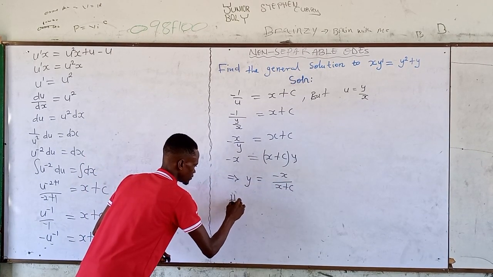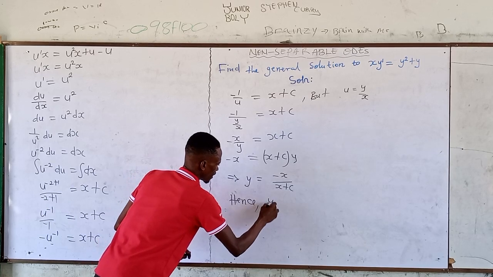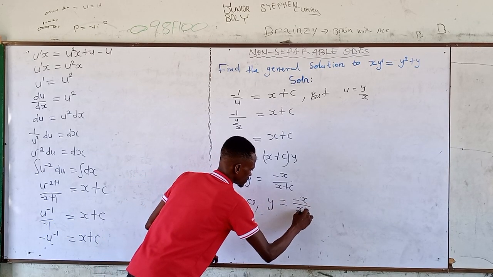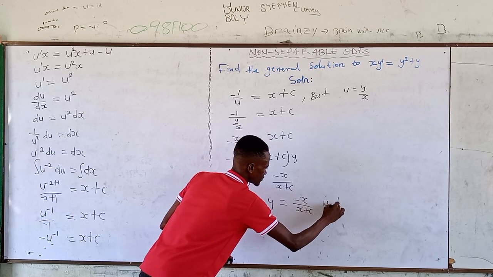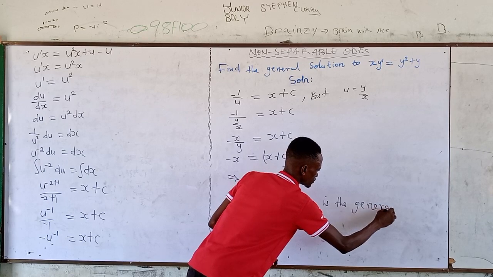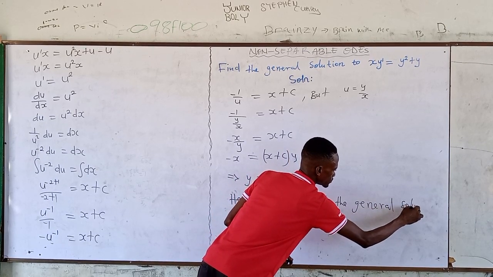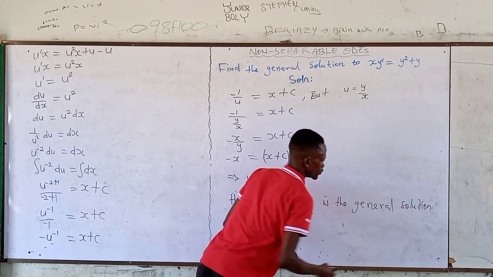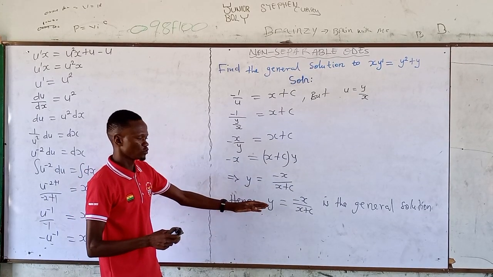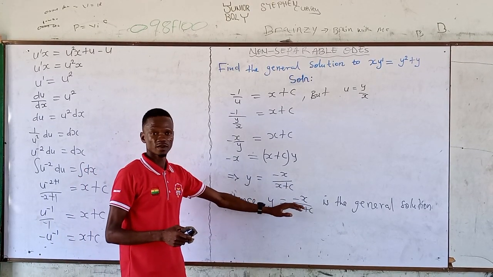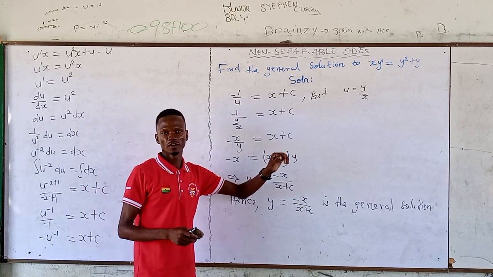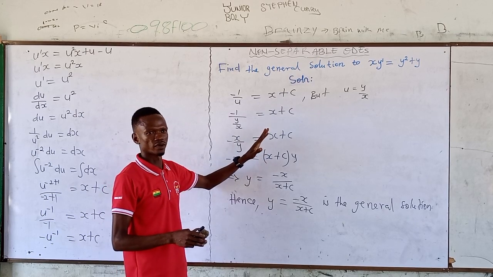Hence, y, which is negative x over x plus c, is the general solution. So we have y is equal to negative x over x plus c to be the general solution to the non-separable ordinary differential equation given to us.